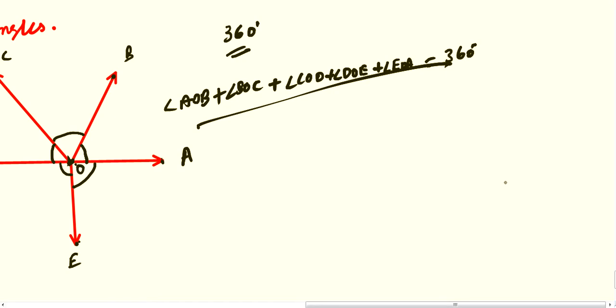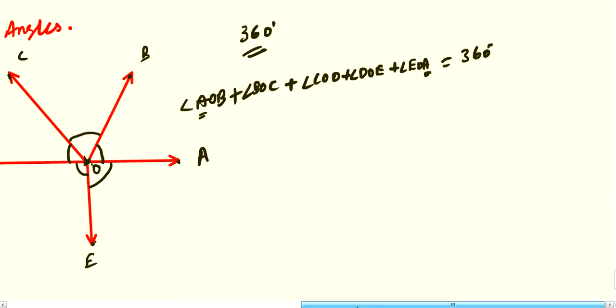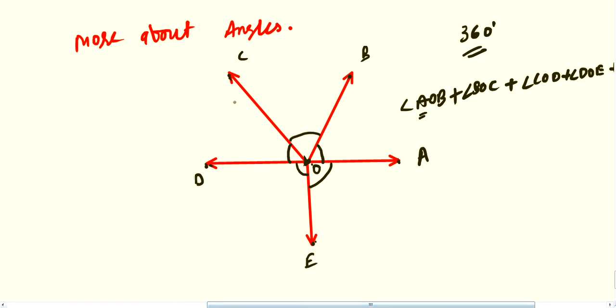So like this you have to write this, and we started from A, and the last one is A. So this is about angles about a point. Then next topic is adjacent angles.